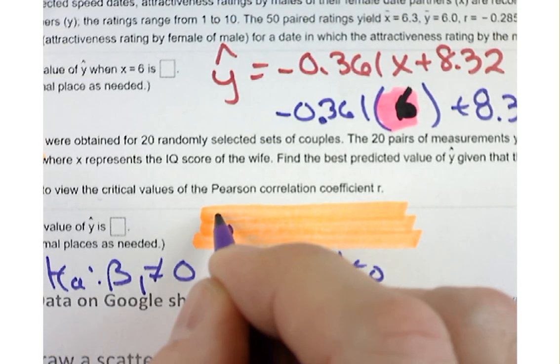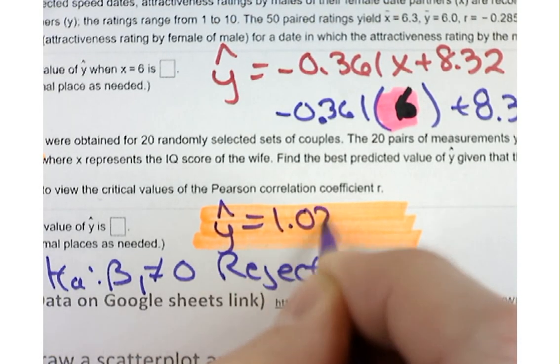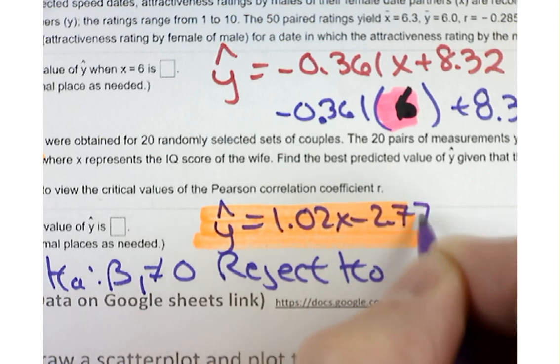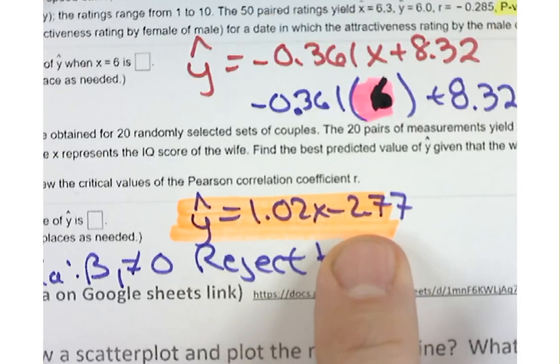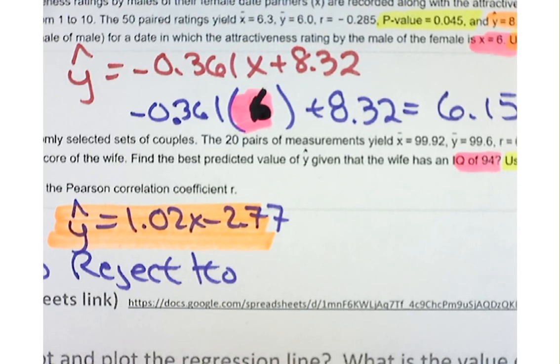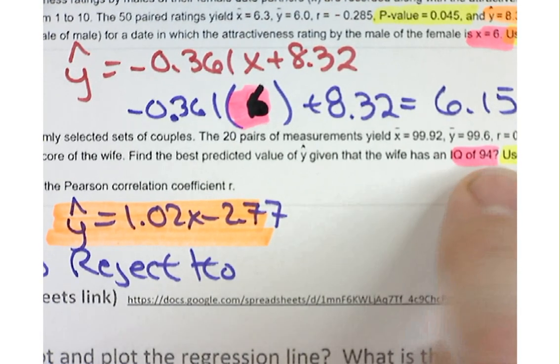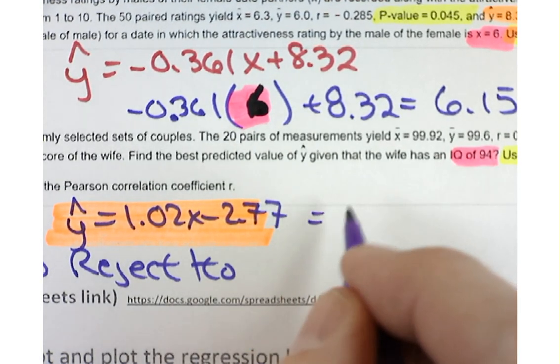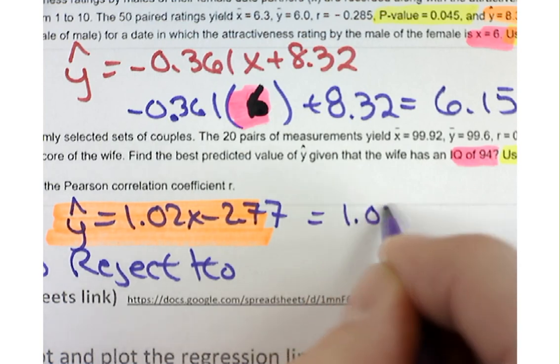So I'm going to rewrite it as 1.02x minus 2.77. You're free to keep it the way they read it. But we now want to make a prediction when we have an x of 94. So let's put in that x of 94.